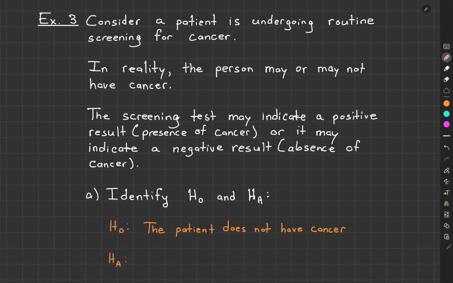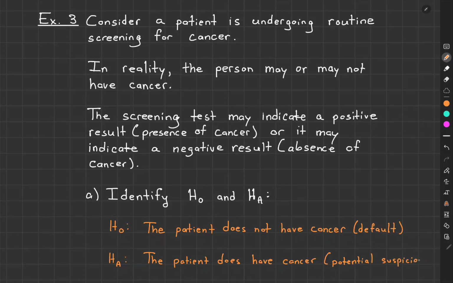It's similar to how in a court of law, you'd assume by default that a person is innocent until proven guilty. So this is our default. The alternative hypothesis then is that the patient does have cancer. Okay, so this is your potential suspicion.